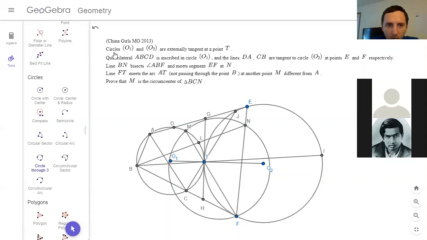No. But the way I'm thinking about the problem is if we could basically erase almost everything, we just want to show that the excenter of ABC lies on EF. So that's one way to think about it. It seems like it should be a simple problem, but maybe it's not as simple as it looks.